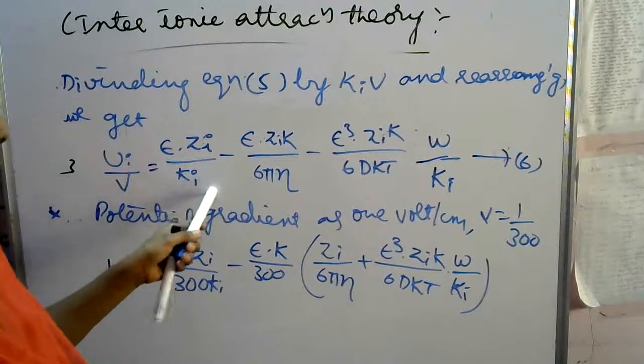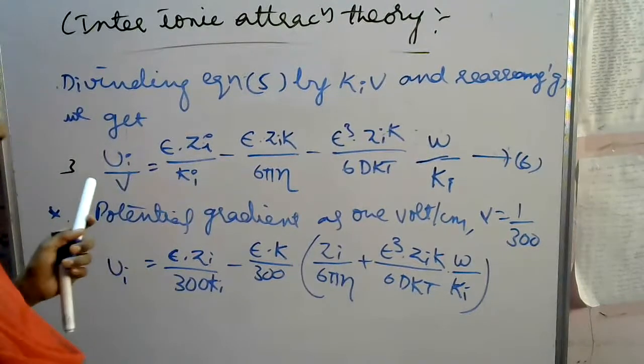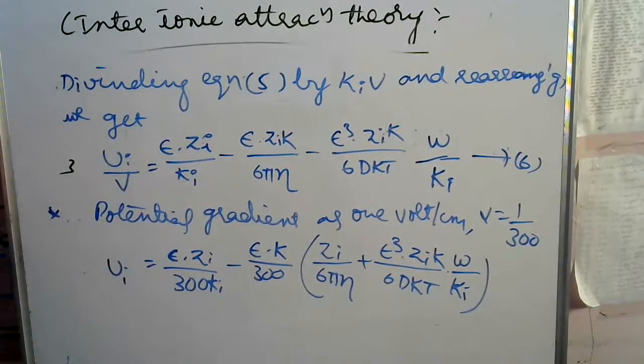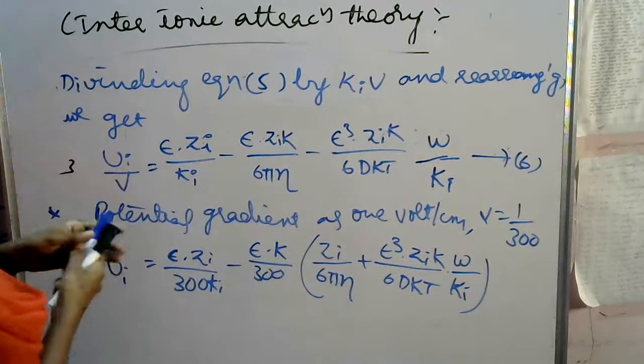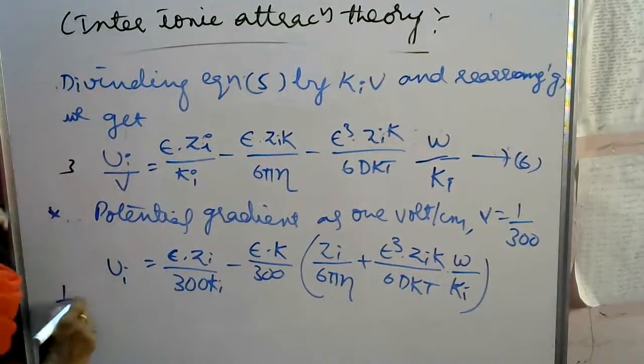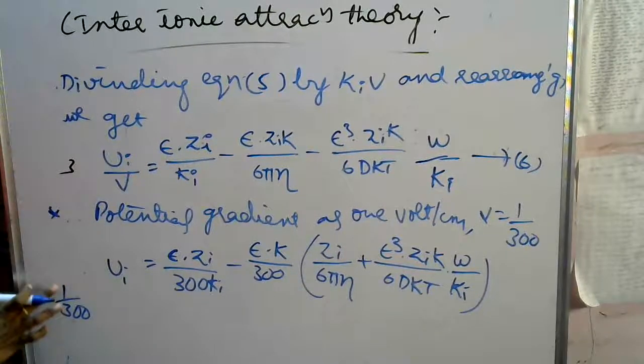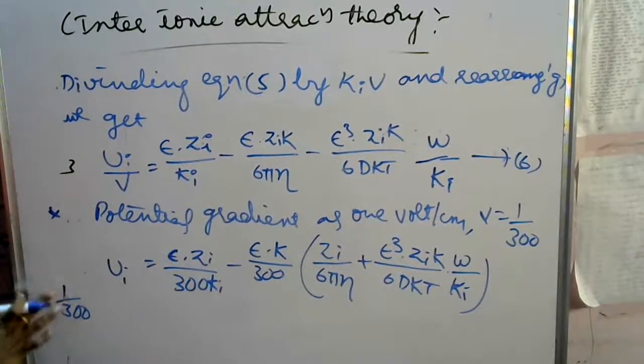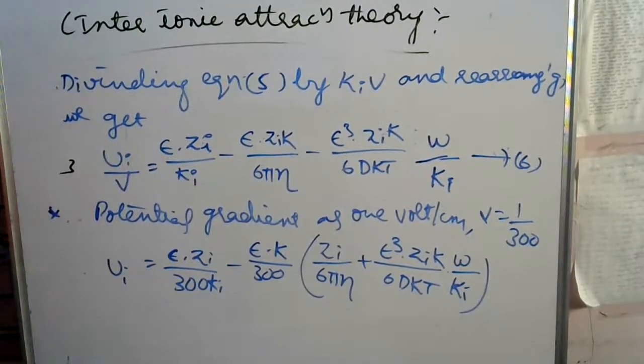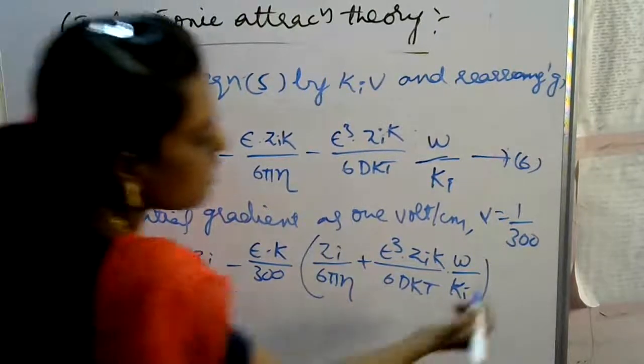Here there is no V, but we have to send this term, 1 by 300. Since it is in the denominator, we can send this term to that side. This is equation 7.